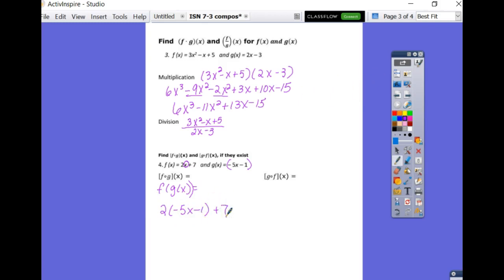I just took this and plopped it down for the x. Does everybody see that? Right. And so I'm going to distribute. So I have -10x plus 5.